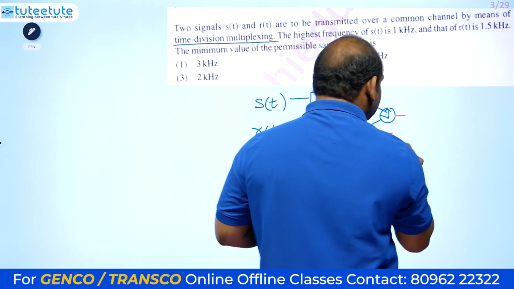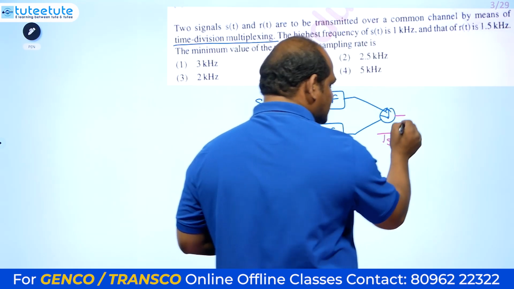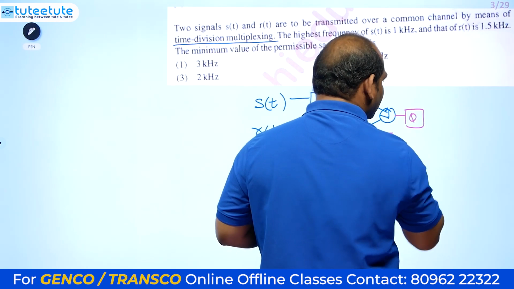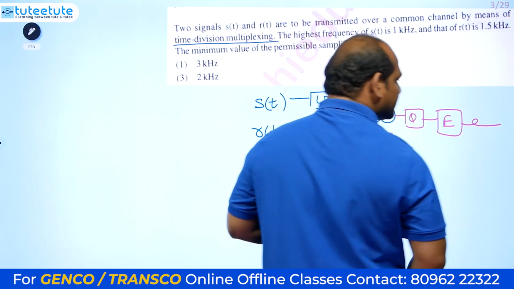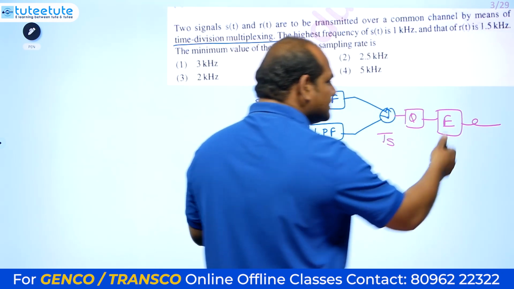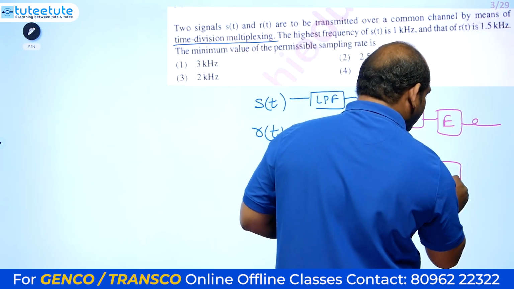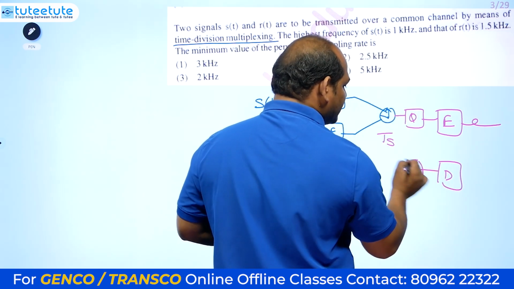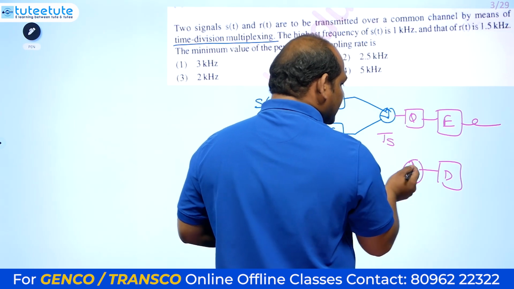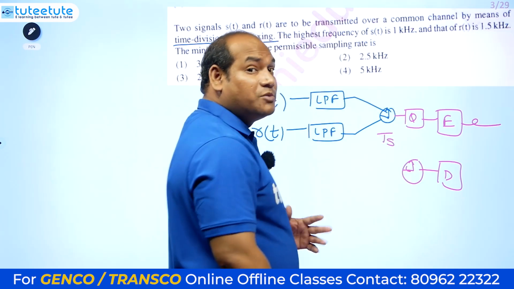After this, the commutator is actually performing the sampling process. After sampling, we have a quantizer and then an encoder. Next the channel will be there. Whatever we get on this side will be decoded and then given to the decommutator, which is in synchronization with the commutator.